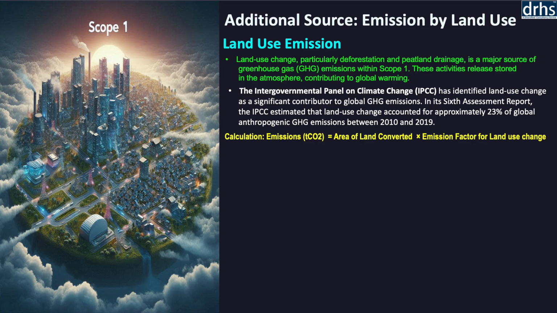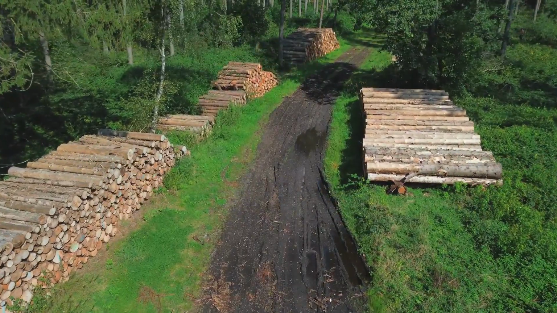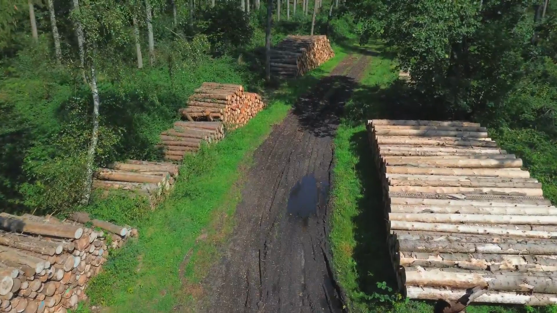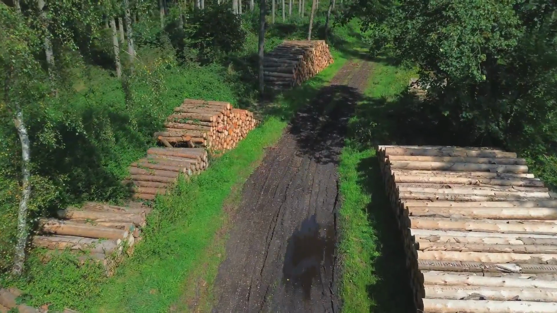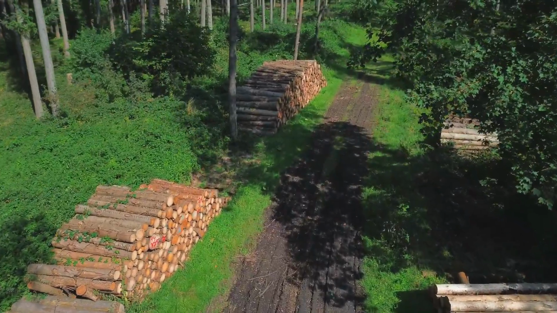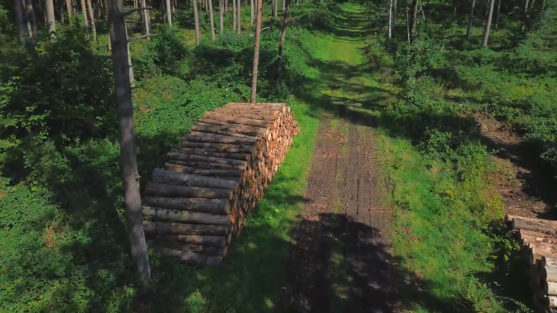The first is now related to deforestation. Deforestation involves the clearing or thinning of forests to make way for agriculture, infrastructure, or other land use. Trees and forests act as a carbon sink, absorbing CO2 from the atmosphere through photosynthesis.